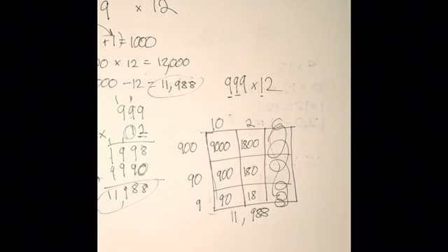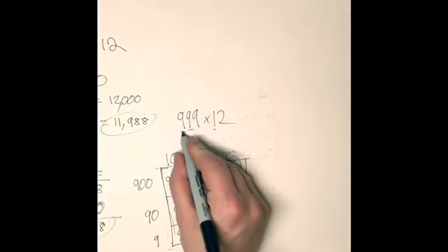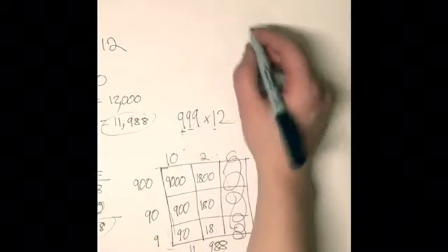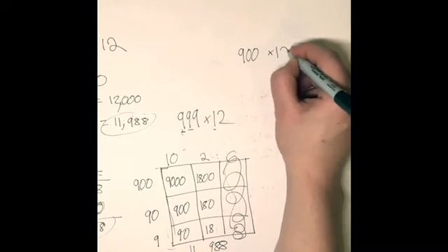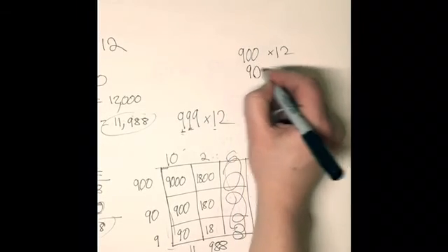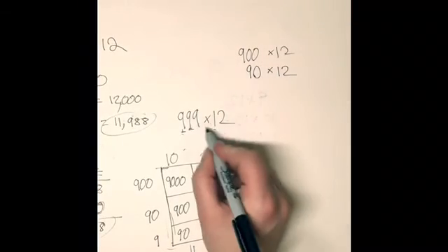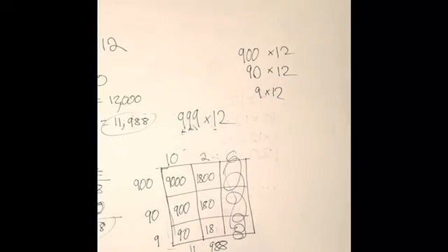Whether it's using a table like this or whether it's just thinking in their head, let's see, we've got 9, and that's the hundreds place. So we know that we have 900 times 12, and then we have 9 here. That's 90, so we have 90 times 12, and then we have 9 times 12. And they can solve all those individually.